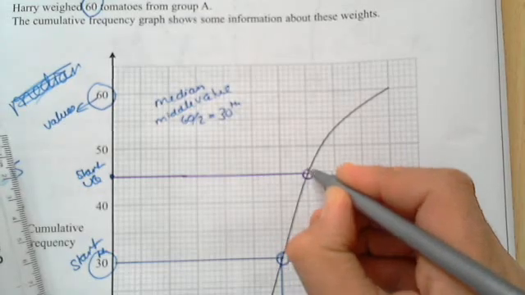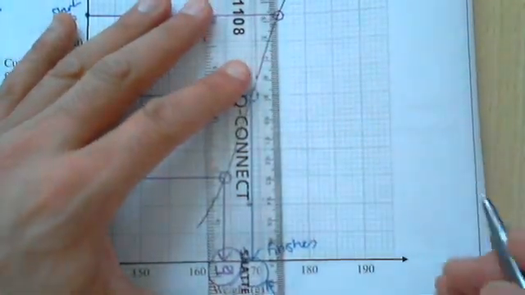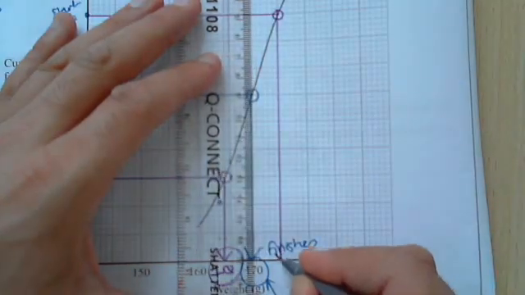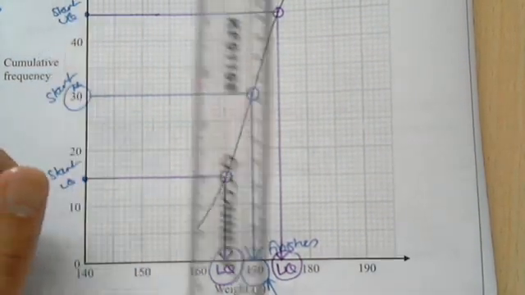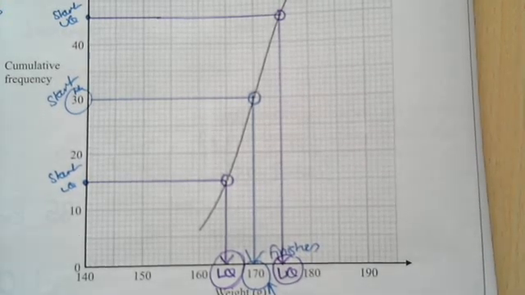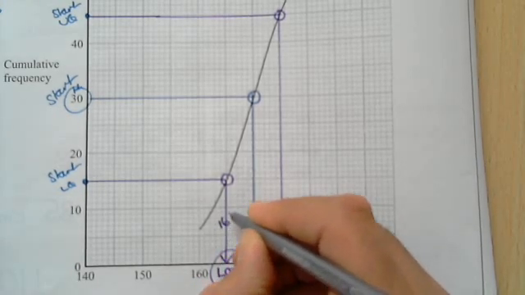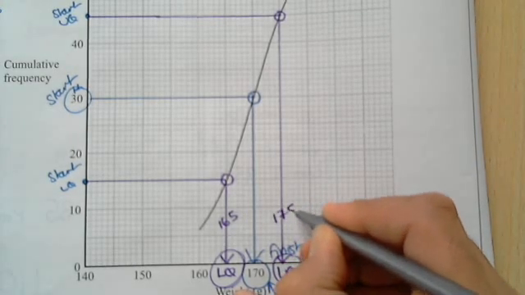When we stop at the graph, bring it straight down. And there is the upper quartile value. Okay. Now, the lower quartile value according to this will be 160, 1, 2, 3, 4, 5. And our upper quartile value will be 170. That's 175.